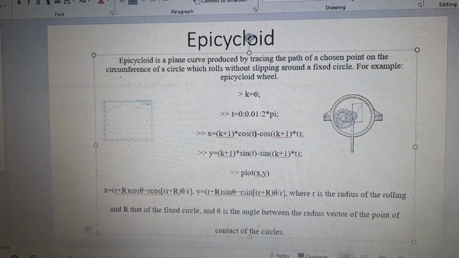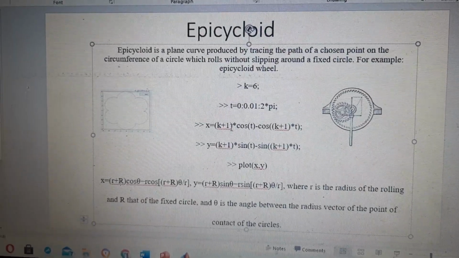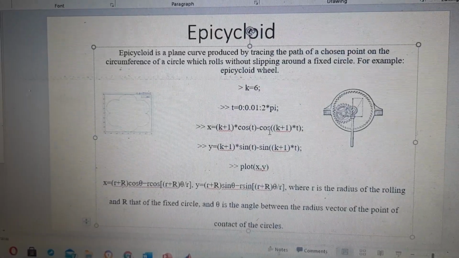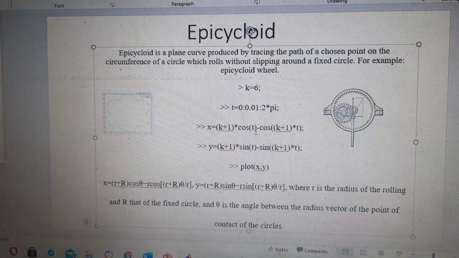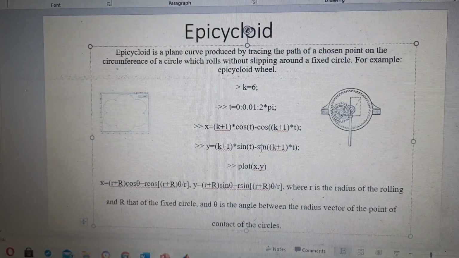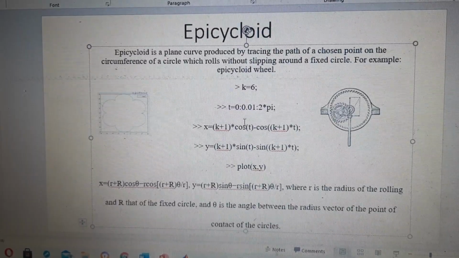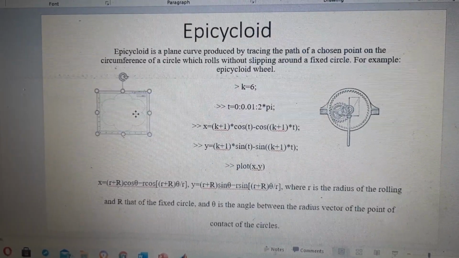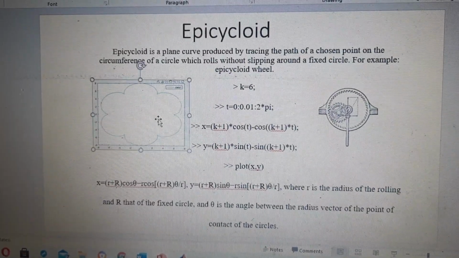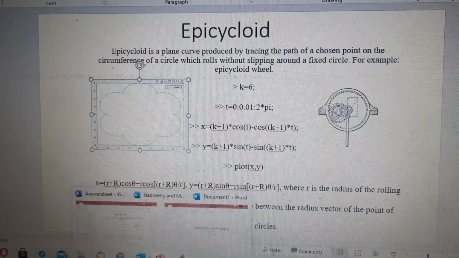Here, if a is k and b is 1, you can say x equals (a plus b) cos t minus b cos((a plus b) t by b), and similarly y equals (a plus b) sin t minus b sin((a plus b) t by b). This is the parametric equation. By plotting this parametric equation, we see these figures, which show the epicycloid formed from MATLAB.